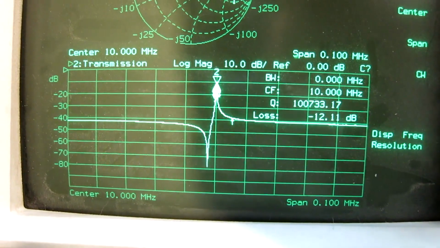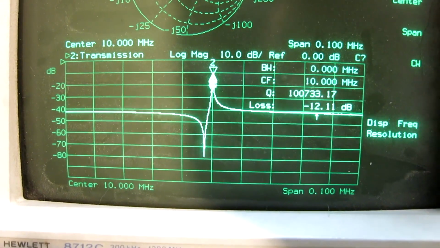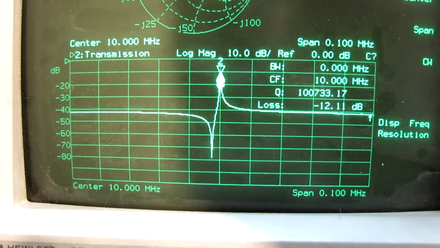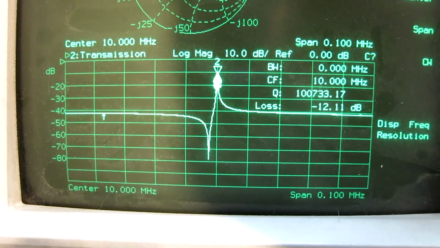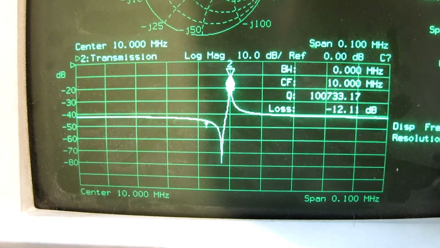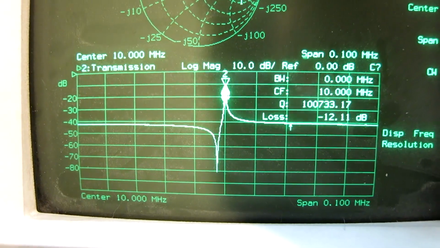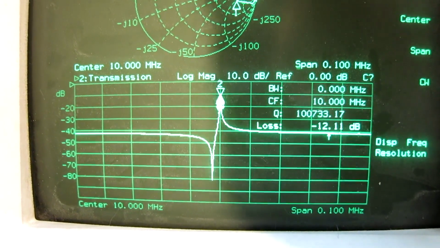What I can do is to combine this filter with a series resonator, because then one can cancel the parasitic capacitance of the crystal and get a very good attenuation far from resonance.